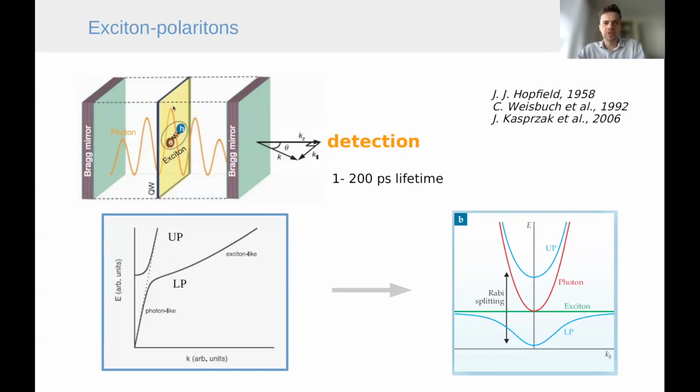Now, if we introduce this strong quantum coupling, instead of photons and excitons, we will have two branches of quasiparticles. There is so-called anti-crossing, a characteristic feature of strong coupling. And so at this point, we can think of lower polaritons or upper polaritons instead of excitons and photons.